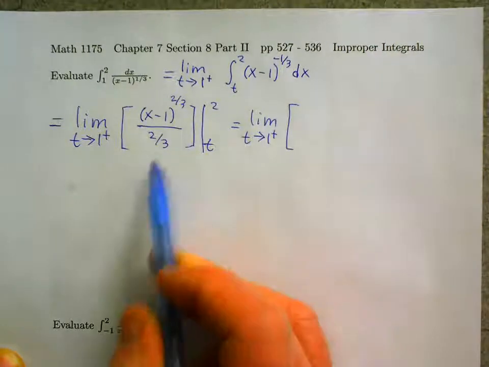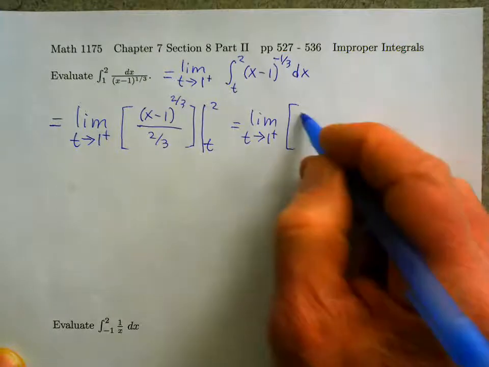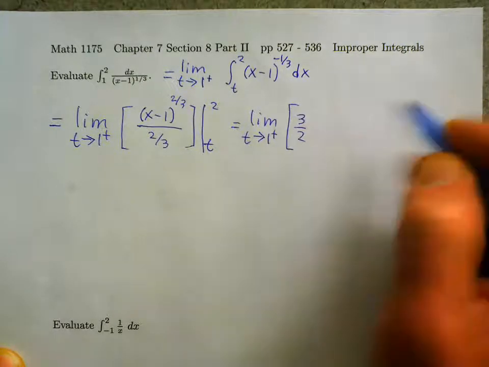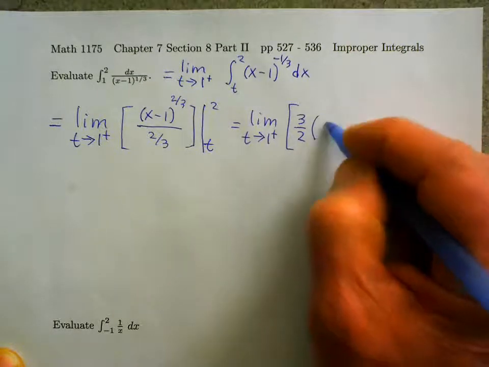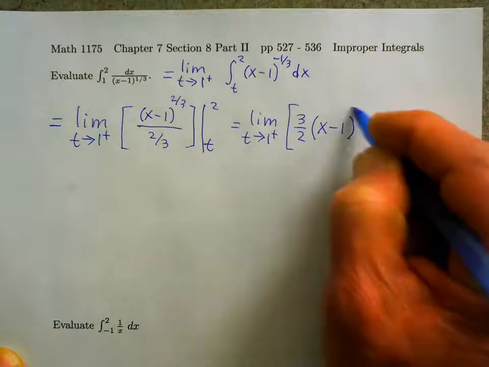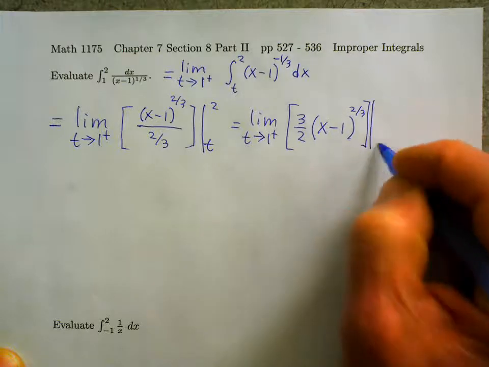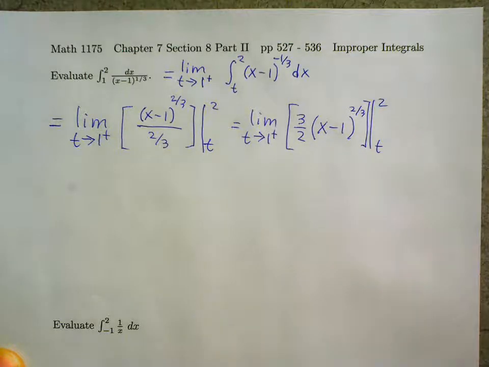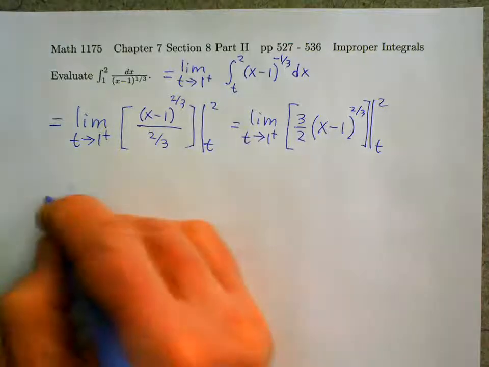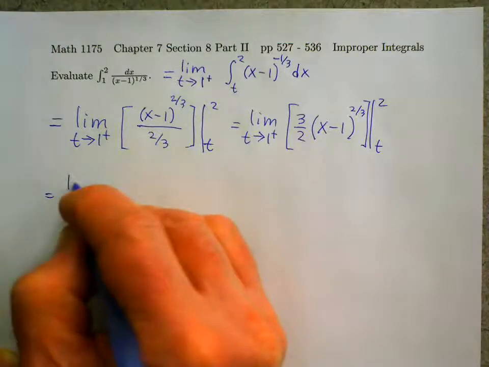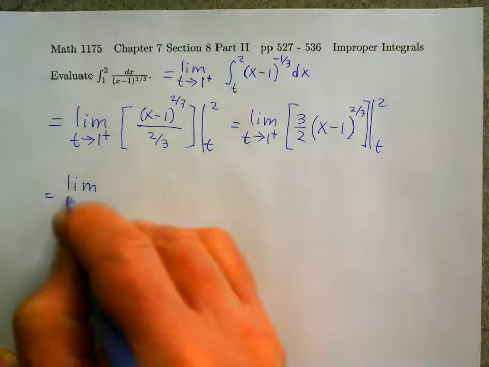When we divide by 2/3, that's equivalent to multiplying by 3/2. So let's evaluate the integral.